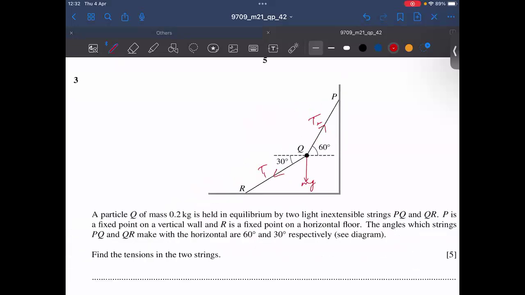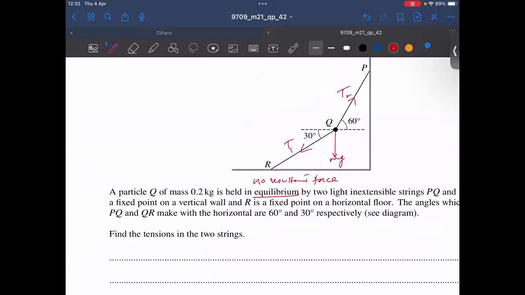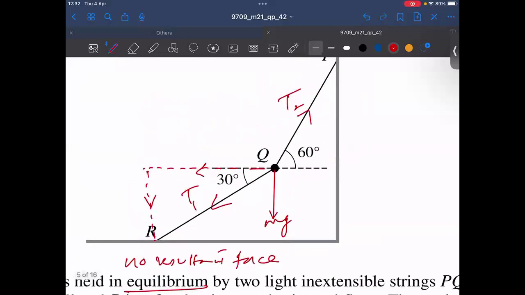Now it is held in equilibrium, which means no resultant force on Q. Now I'm going to resolve T1 and T2 into components like this.